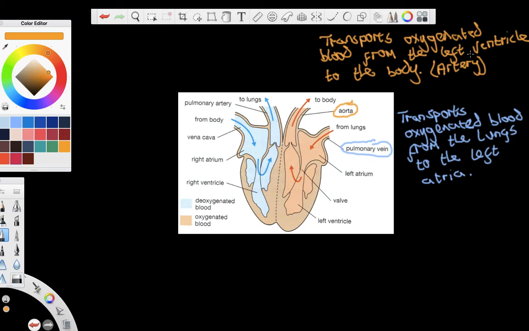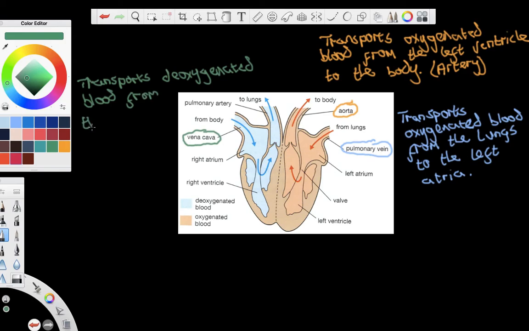Okay, the next one that we need to define is the vena cava, and that's over here. The vena cava transports deoxygenated blood from the body to the right atria.